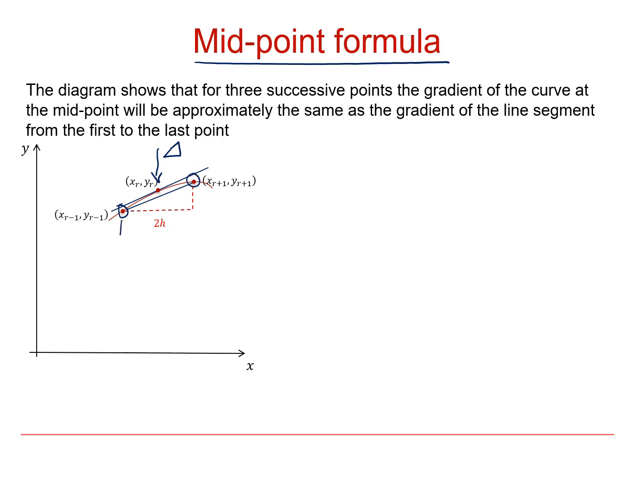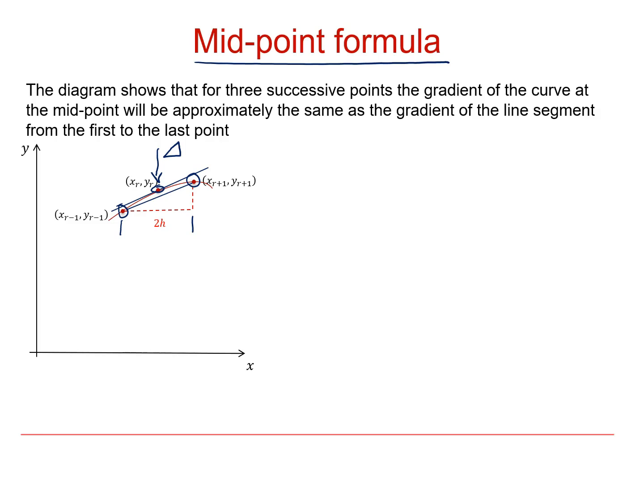You can see the step length here, the change in x, is now 2h. So we're going to use the gradient at the midpoint to extrapolate from the previous point up to the next point.